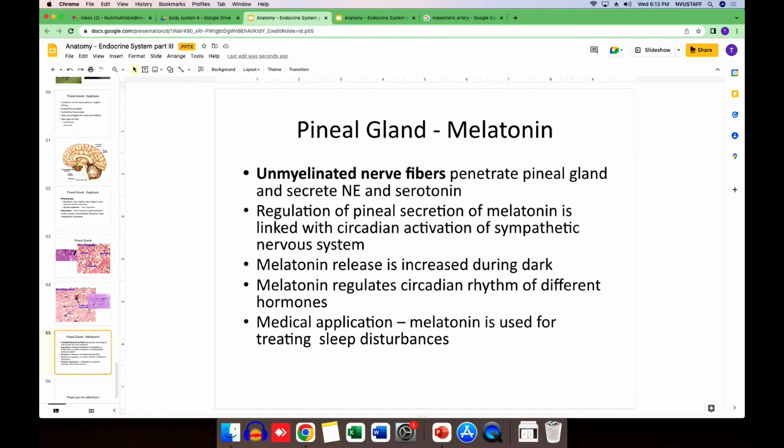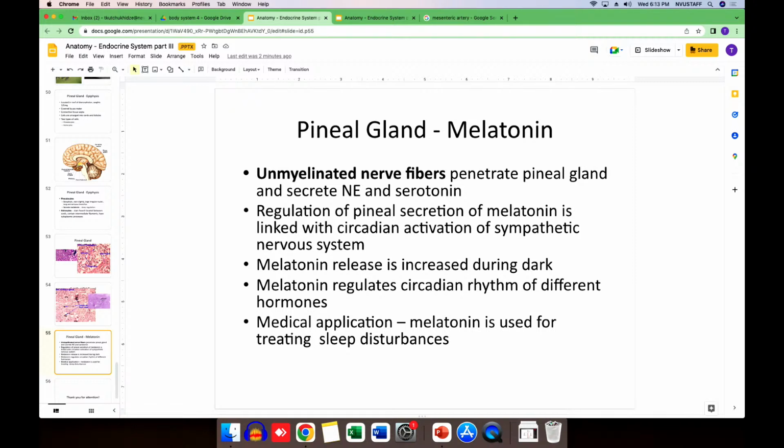Okay, I've talked about melatonin release. In the pineal gland, unmyelinated nerve fibers penetrate our pineal gland, and they secrete norepinephrine and serotonin. The regulation of the pineal gland's secretion of melatonin is linked with the circadian activation of the sympathetic nervous system.